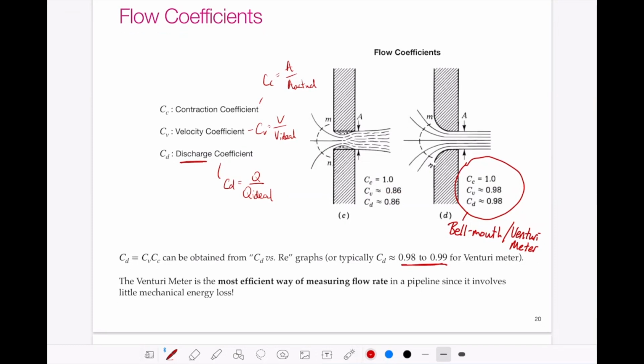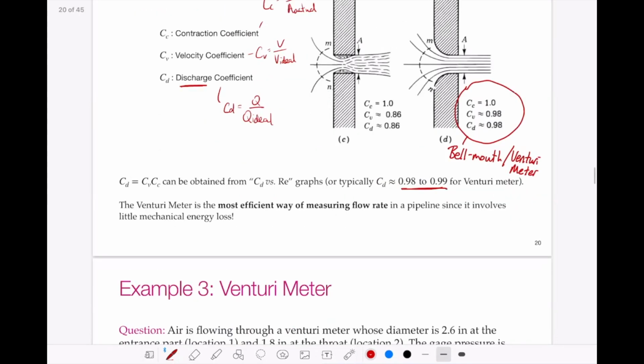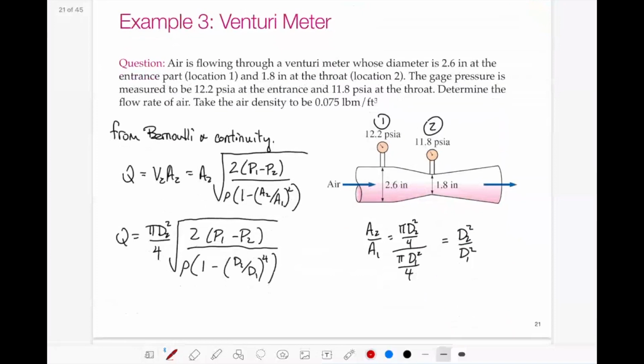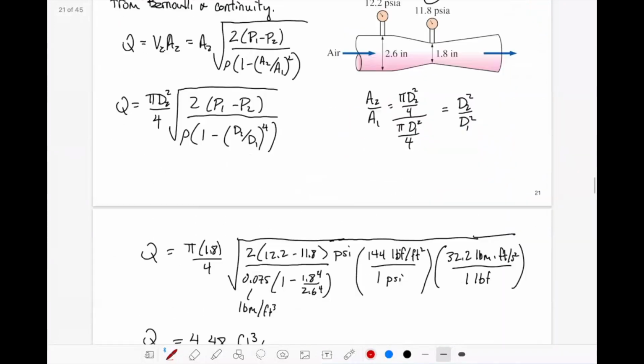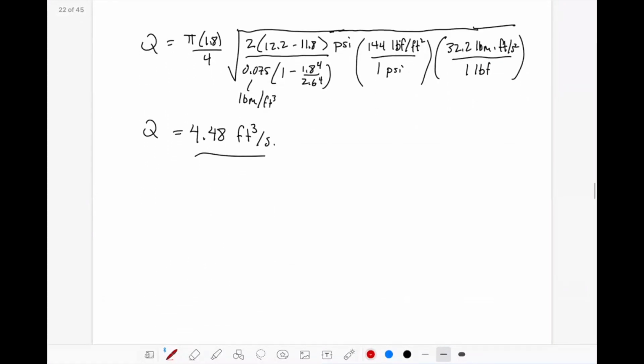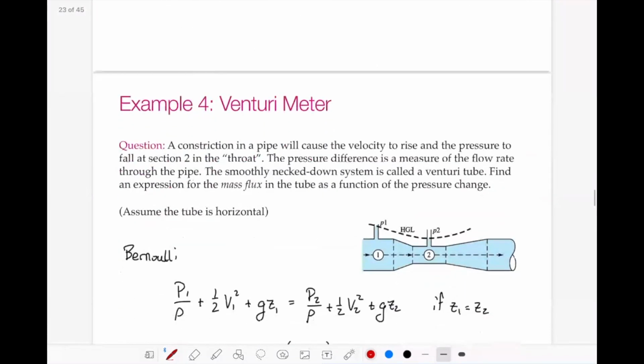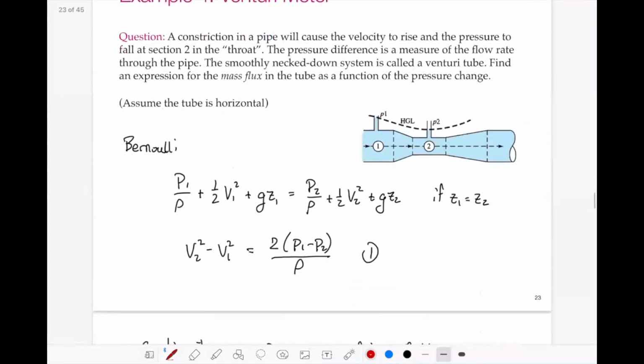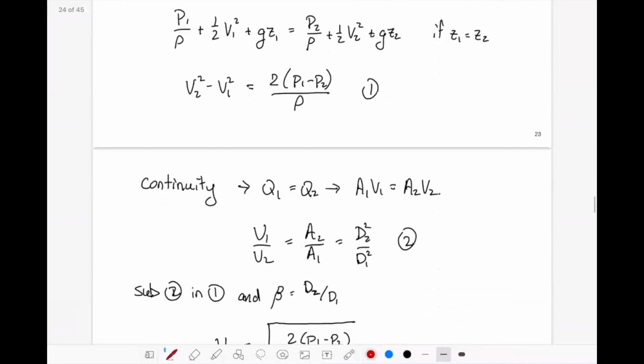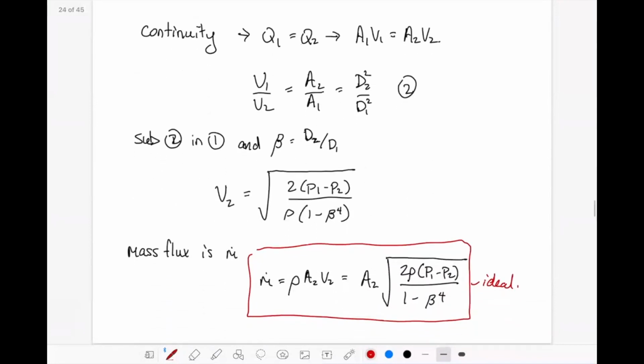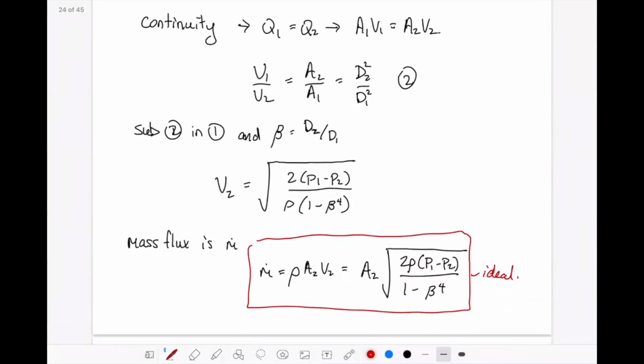So we said for a Venturi meter, typically the discharge coefficient is around 0.98 for moderate flows. Then we did an example, solved for the flow rate of a Venturi meter. We did another example where we used the continuity equation and derived an expression for the mass flux or mass flow rate.